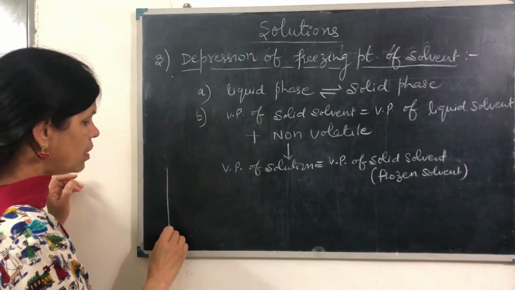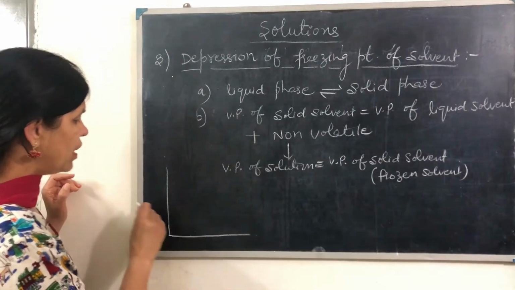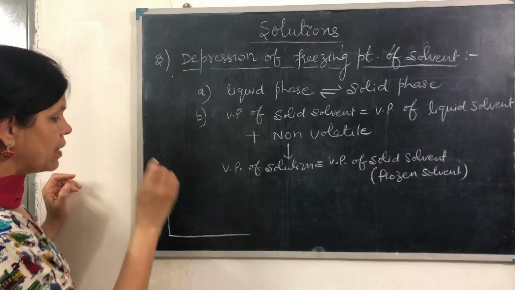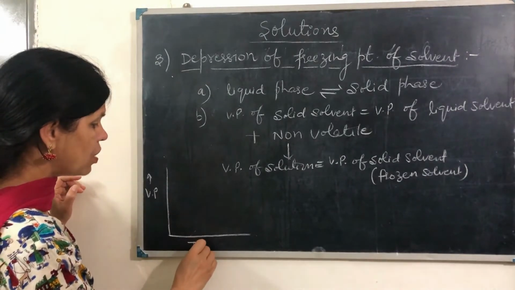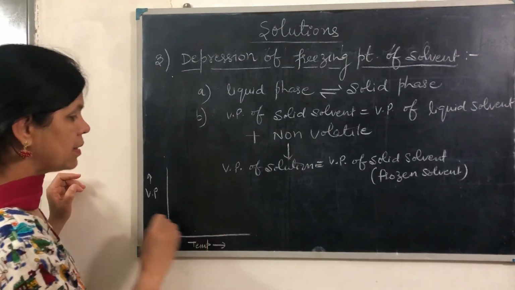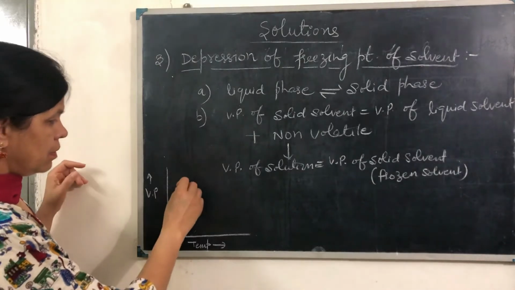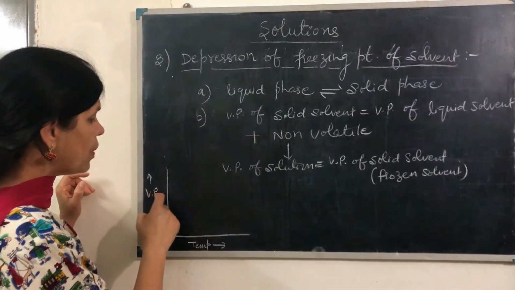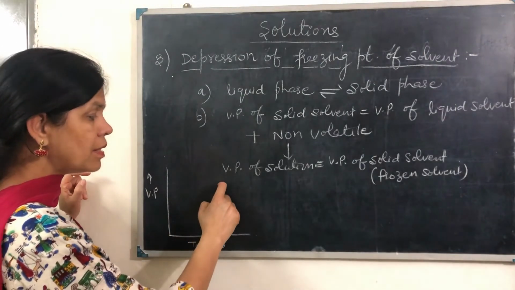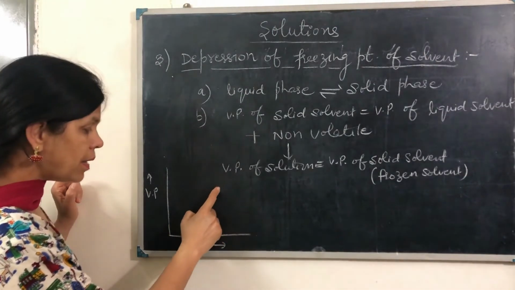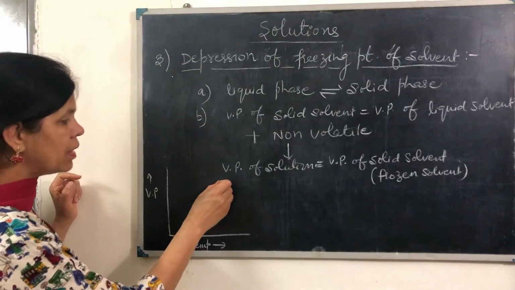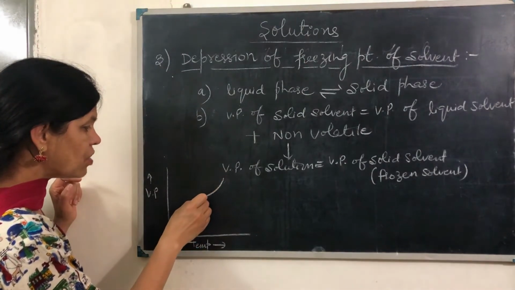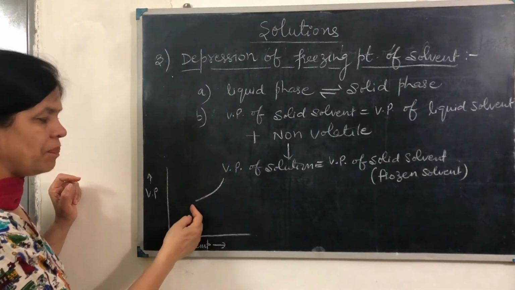I'll plot a graph between vapor pressure on the y-axis and temperature on the x-axis. When I increase the temperature, vapor pressure of solvent keeps on increasing, and when I decrease the temperature, vapor pressure keeps on decreasing.